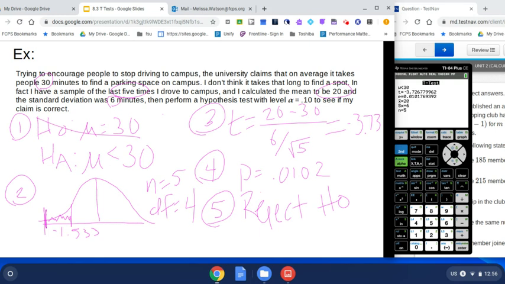If I'm rejecting the H0, that means I'm getting rid of it, and so I'm in favor of supporting the alternative hypothesis. I'm not going to try to write out my summary statement, so I'm just going to say it. You would write this out. At alpha equal to 0.10, there seems to be enough evidence to say that it does take less than 30 minutes to find a parking spot on campus.